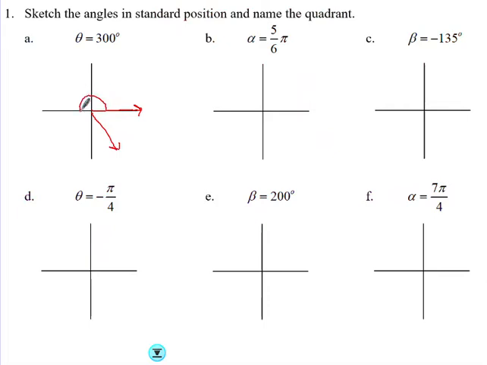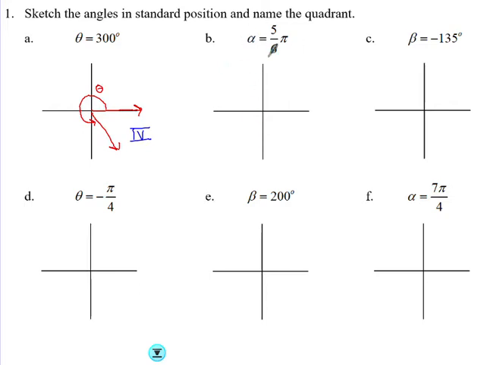And we want to mark that our angle is going this direction. Remember that the quadrants of a graph are 1, 2, 3, and 4. So the terminal side of this angle is in quadrant 4. And that's it for part A.